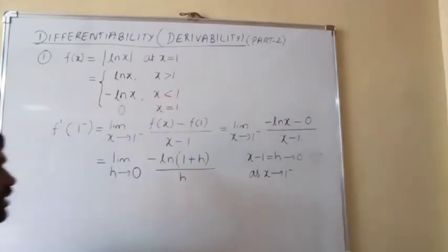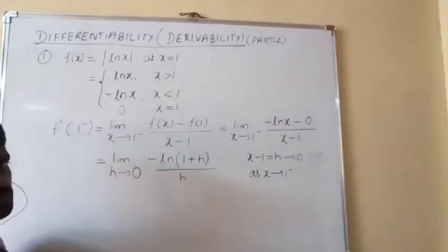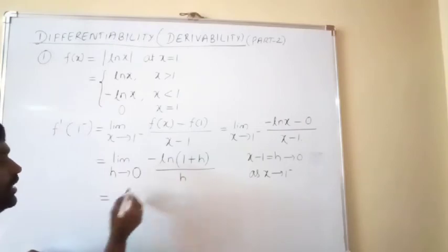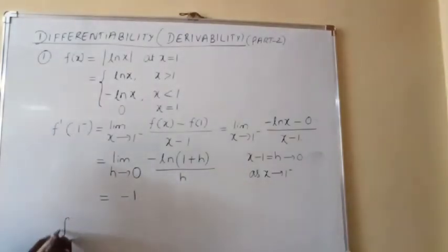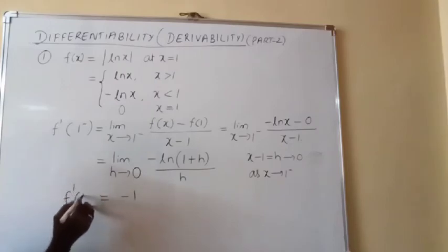So we have the direct formula, limit x tends to 0 of log 1 plus x by x is 1, but here minus is there, so the answer is minus 1. It is the left hand derivative at 1.